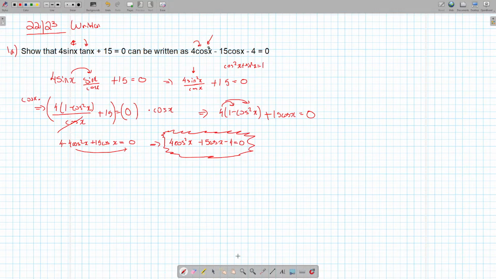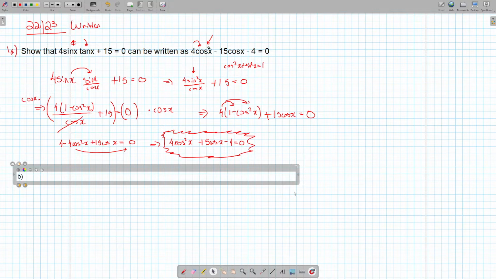Hence, let's take part B over here. Hence, solve the equation 4 sine x tan x plus 15 equals 0.